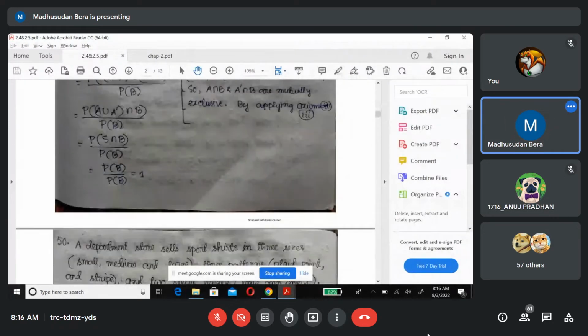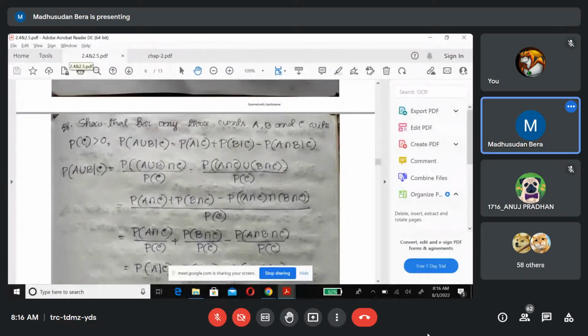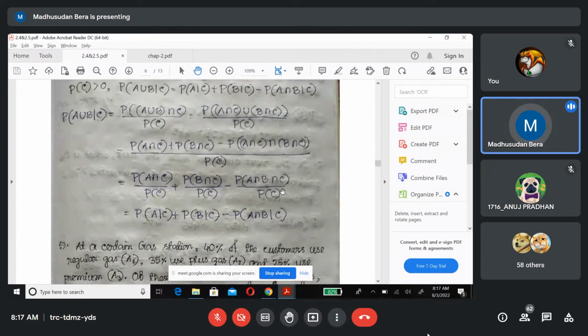I am showing you the proof here. P of A union B given C, by definition, is the probability of their intersection: P of A union B intersection C divided by P of C. Then we split this into A intersection C union B intersection C. After that, the union of two events: P of A intersection C plus P of B intersection C minus P of A intersection B intersection C, each divided by P of C. This one will be P of A given C, next P of B given C, next minus P of A given B intersection C. That way it is done.